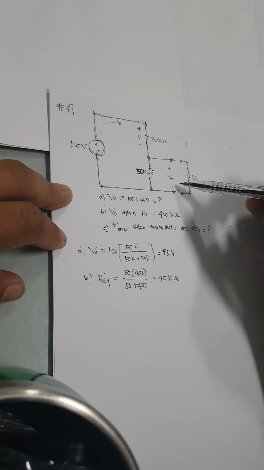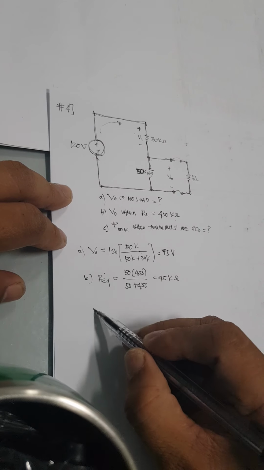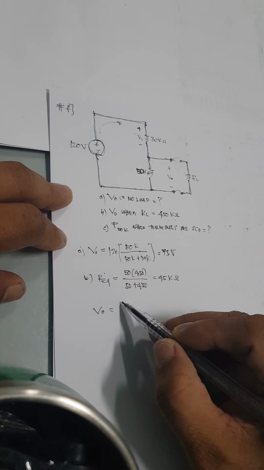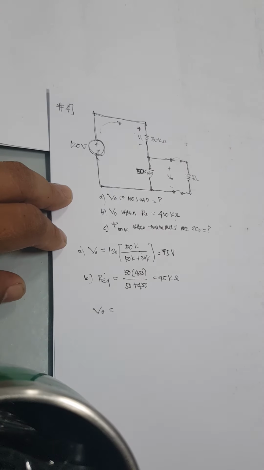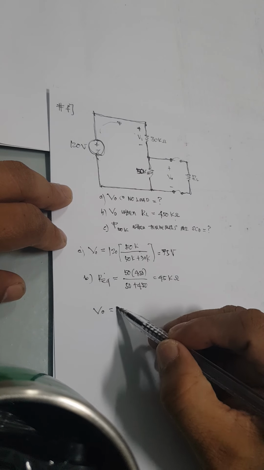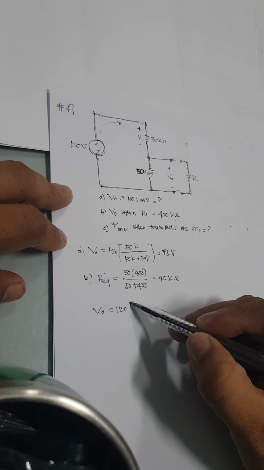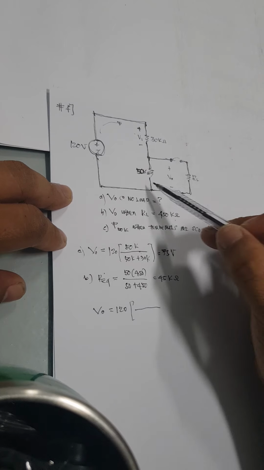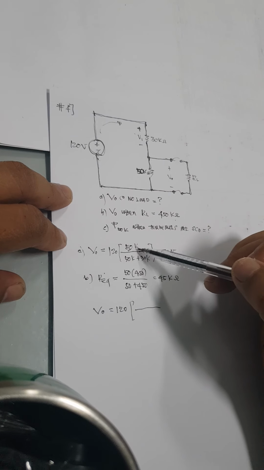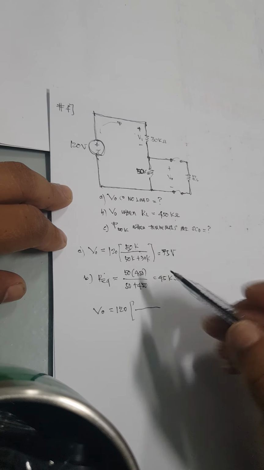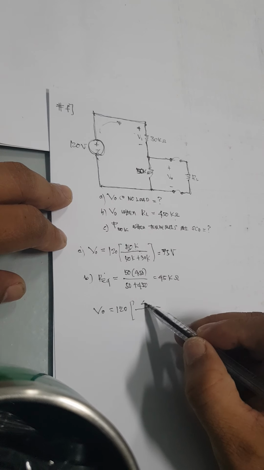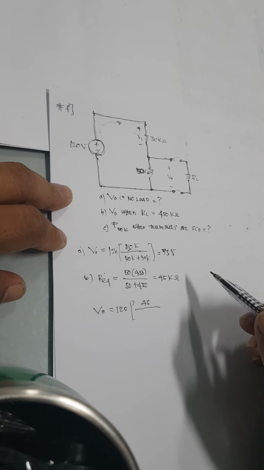So the combination of this is 45 kilo ohms, and the voltage across them is still VO. So by voltage division again, VO is, of course, 120. The voltage to be divided is 120. On the numerator, it's no longer 50 as in the first case. So it should be 45 already, the combination of 450 and 50.